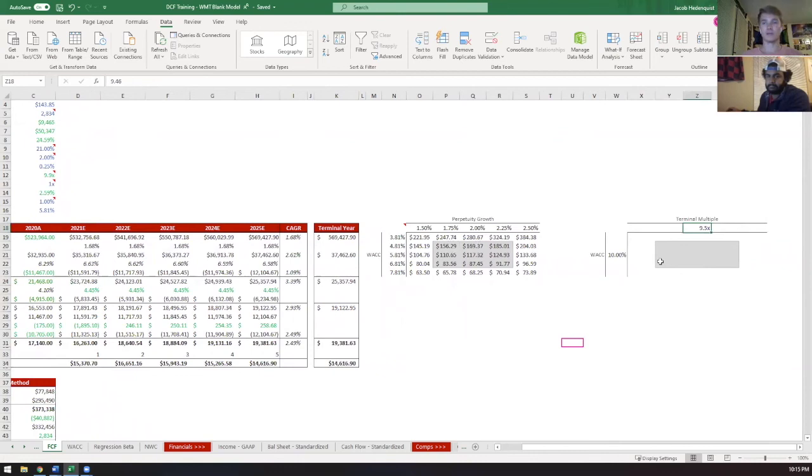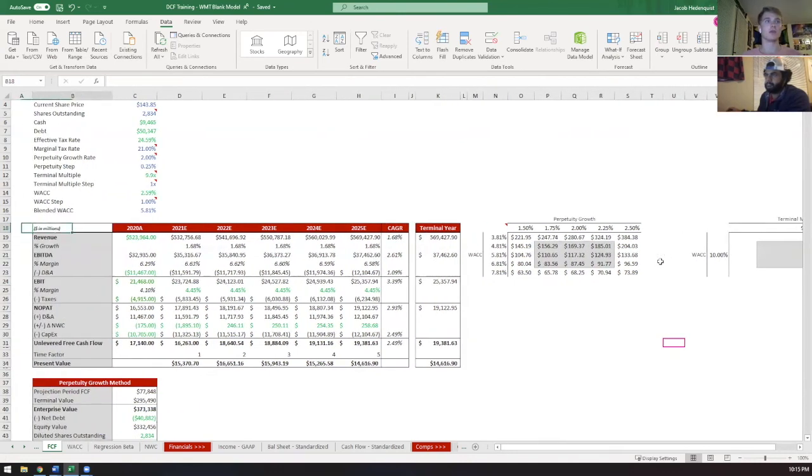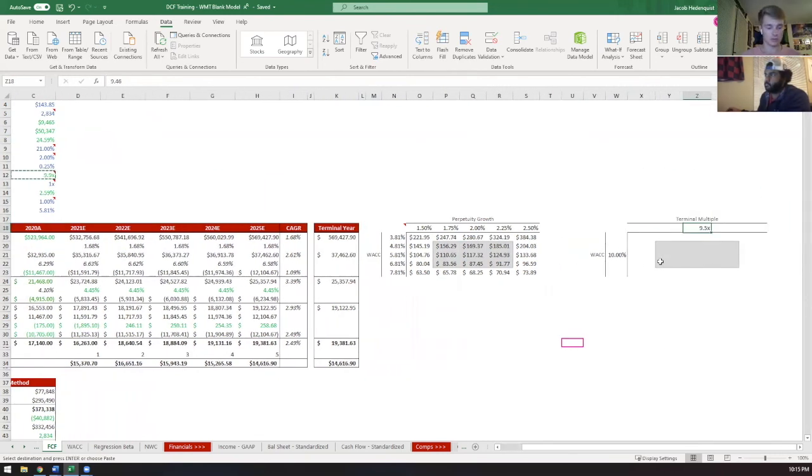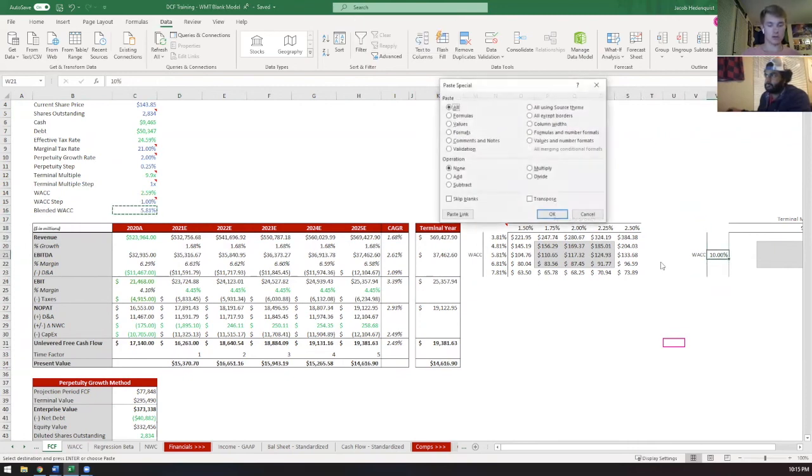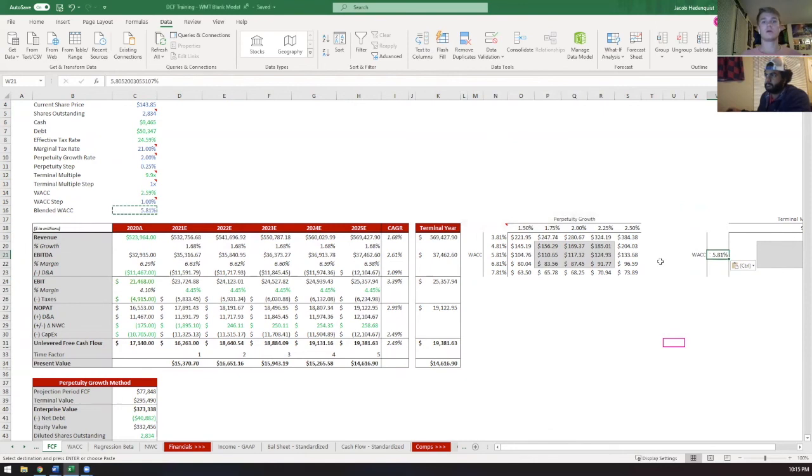So here we're going to do the same thing. Again, we need to bring this terminal multiple over. So I'm going to do the paste values special, Alt E S V, and then our WACC. We're going to do the same thing again. Control copy, Alt E S V. Cool.